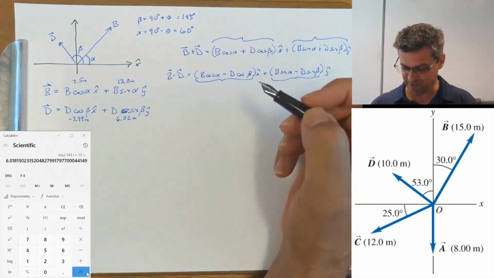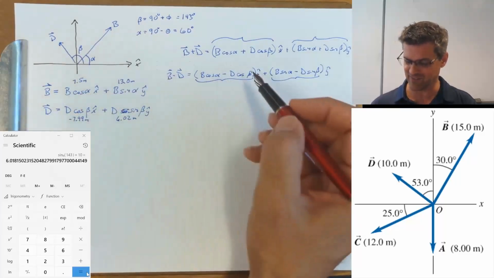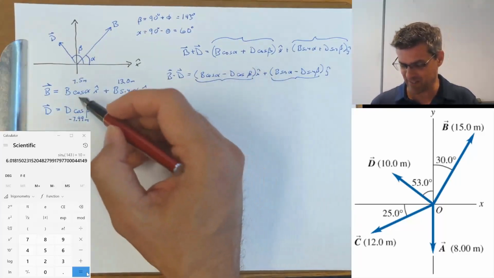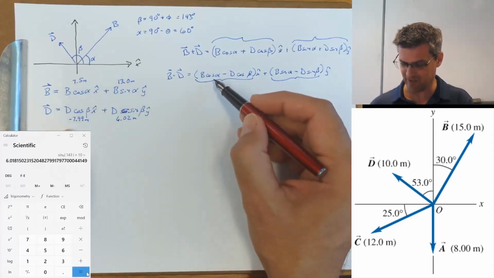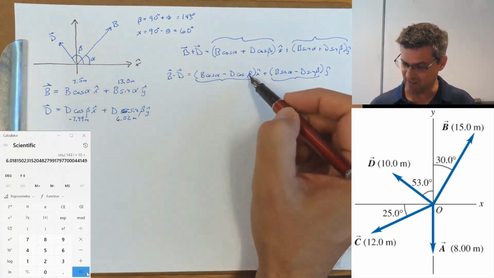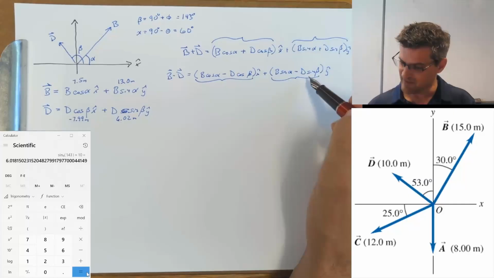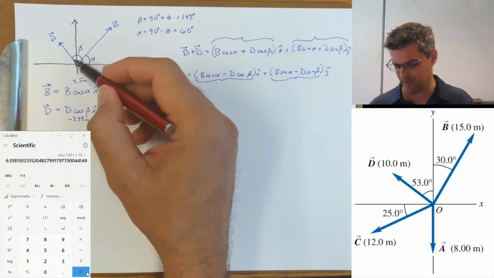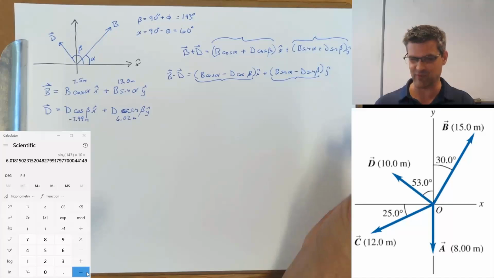The only difference is if I measure with respect to a common axis, I don't have to think about the signs. So this cosine of beta is going to be negative. This is going to be something that's added on, as we expected. Sine of beta, well, that's going to be positive. That's totally fine. It's going to work exactly the same as it did before.